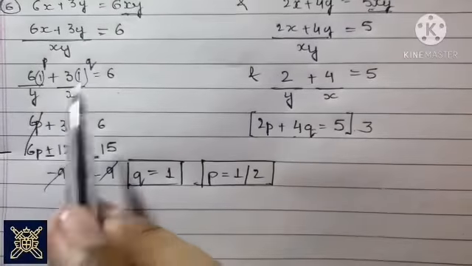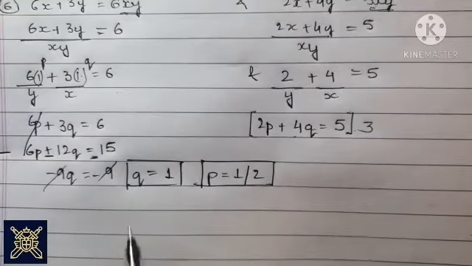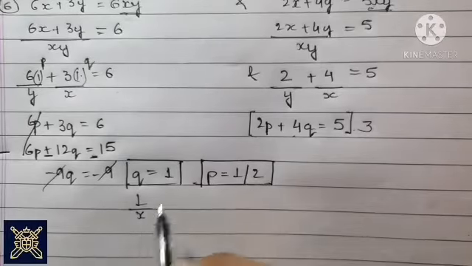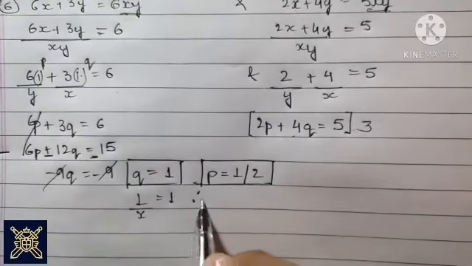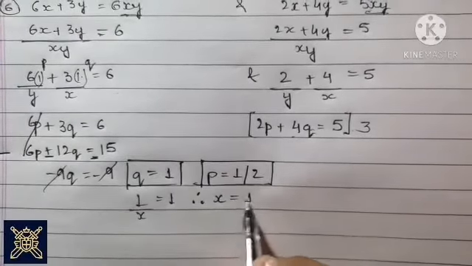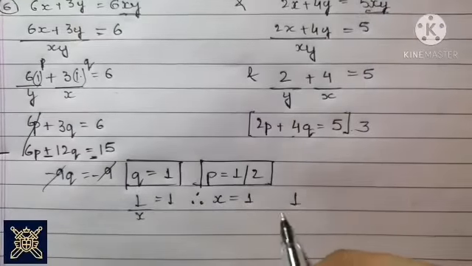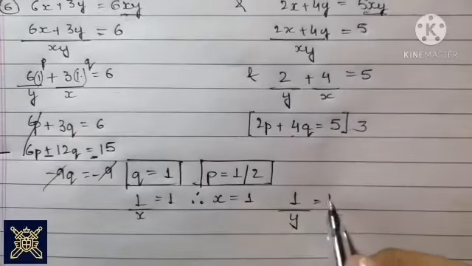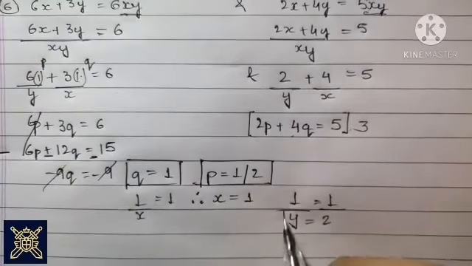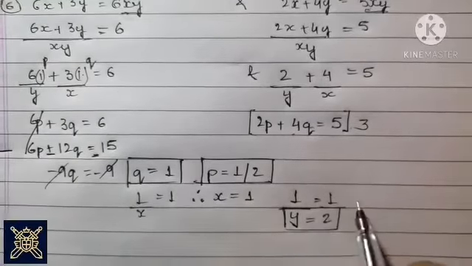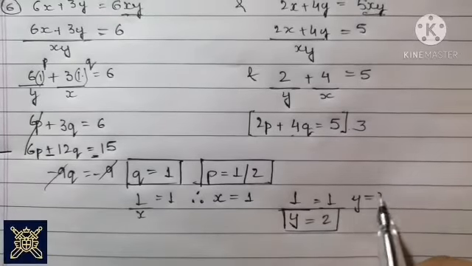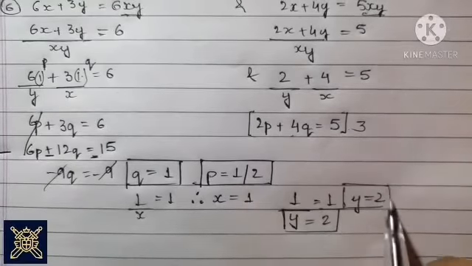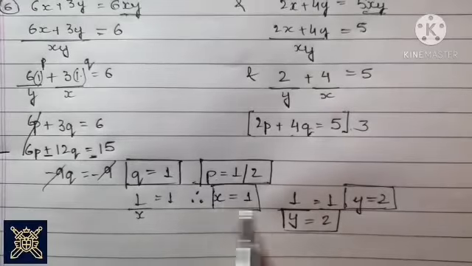Now q we had taken as 1 upon x, so 1 upon x is equal to 1, therefore x is equal to 1. 1 upon y, that we had taken as p, is equal to 1 upon 2, therefore y is equal to 2. Again, you have found the values of x and y that were asked in the question.